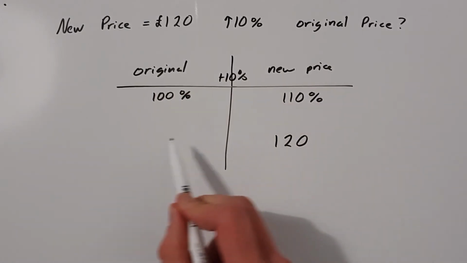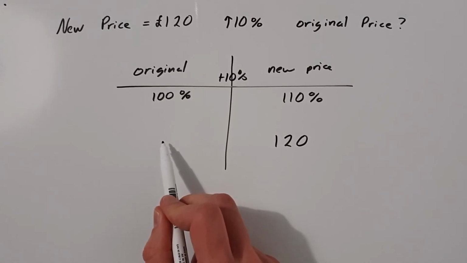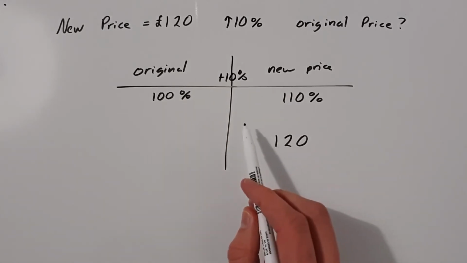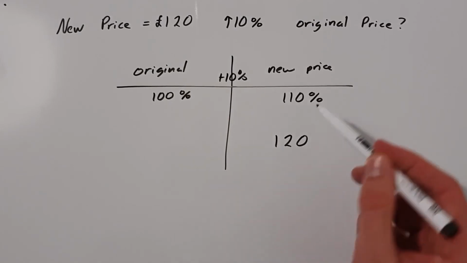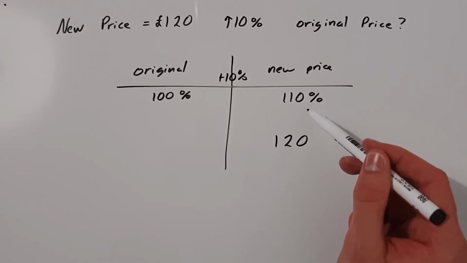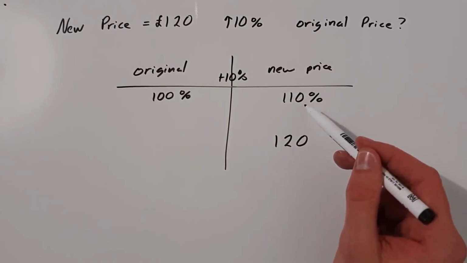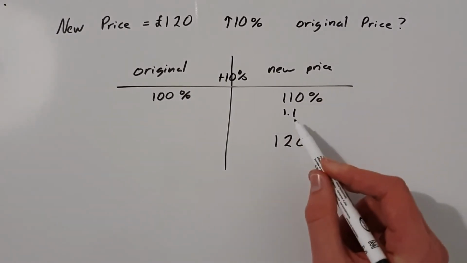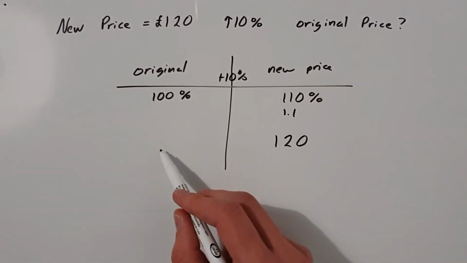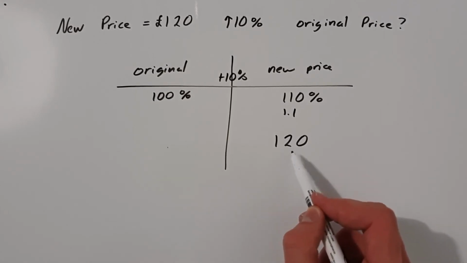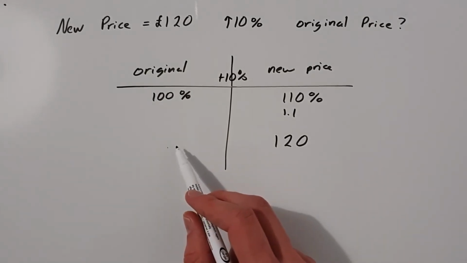Okay, and we want to find out what the original price is. So whereas before we multiplied this up to get the new price, we must now look at this and we think, right, our new price is 110% of what it once was. So if we convert this into a decimal then, 110 will become 1.1. Okay, so whereas we multiplied to get from original to the new price, we must now divide to get from the new price back to the original price.